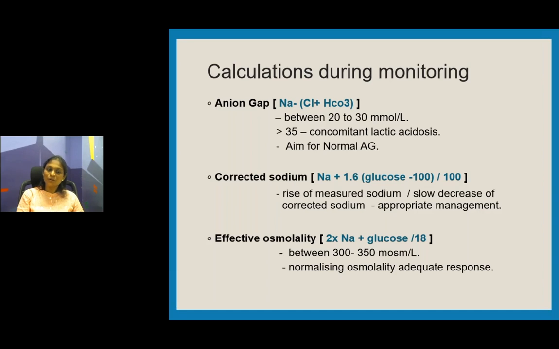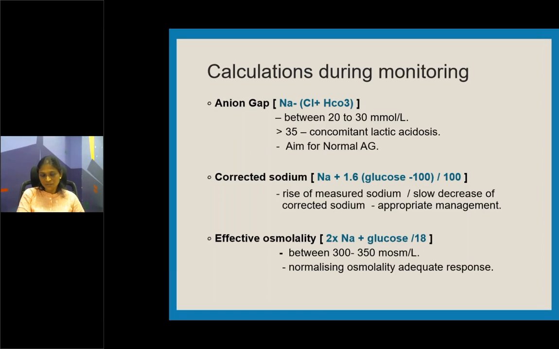This corrected sodium is always higher than the measured sodium. How we aim to correct sodium when we are treating DKA is there should be a slow rise of the measured laboratory sodium and a slow decrease in the corrected sodium. If these two happen, then we are on the right track.